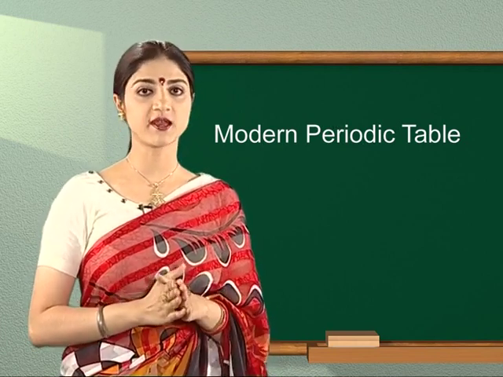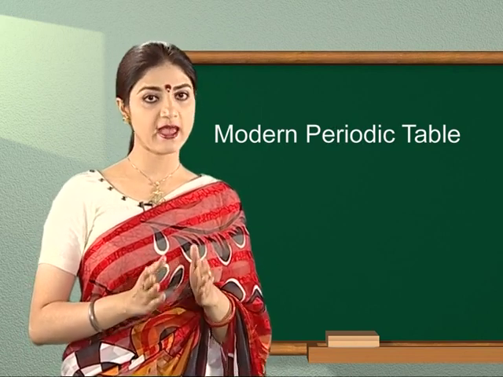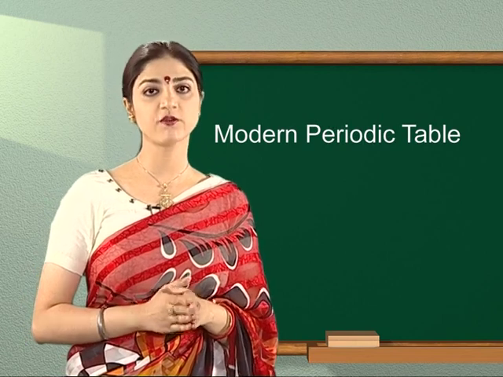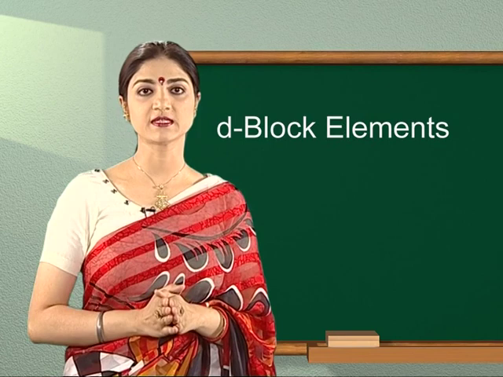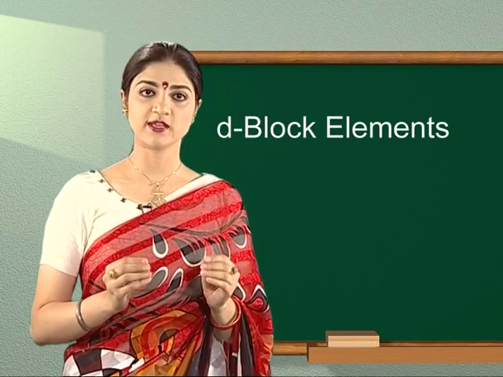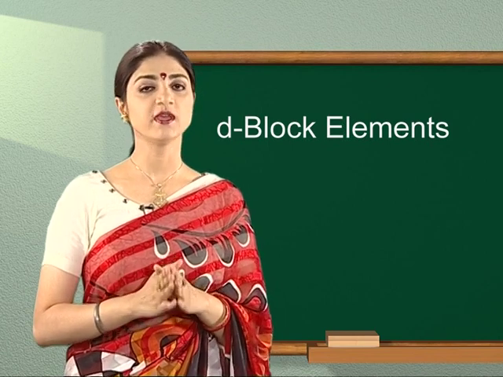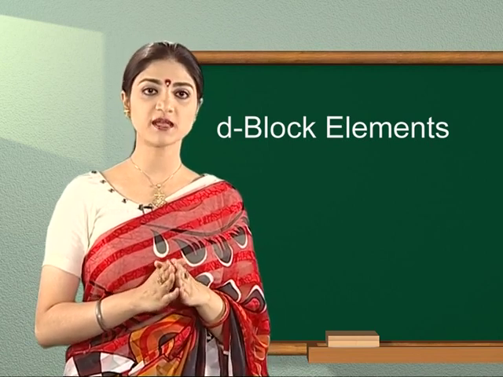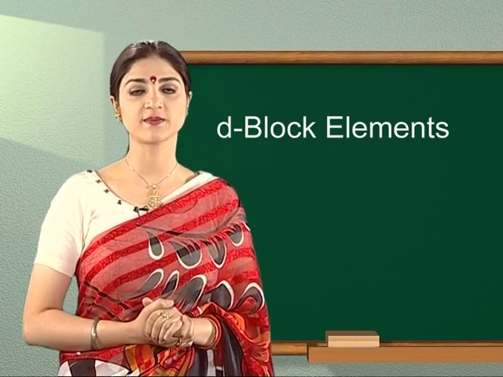Their oxidizing character increases from left to right in a period and reducing character increases from top to bottom in a group. D block elements. Elements in which the last electron enters any one of the 5 d orbitals of their respective penultimate shells are called d block elements.